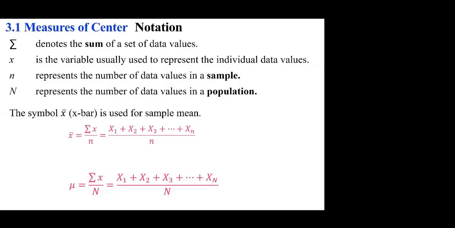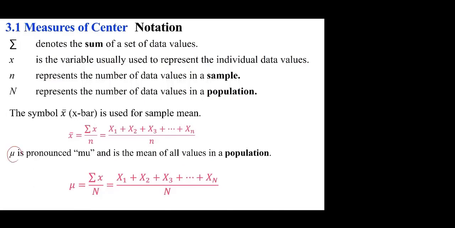Whereas for the population, we use Greek letters. In this case, we use mu, which is the mean of all values in the population. Because we want to distinguish between a sample and a population, we use different notations.